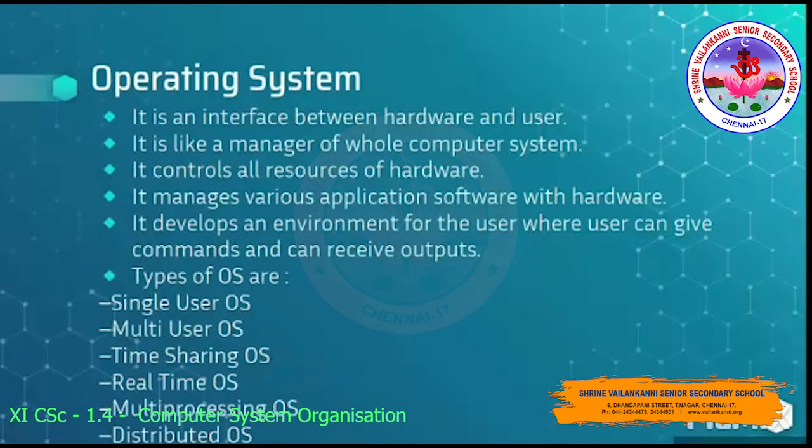So the system software can further be classified into two categories, the operating system and the language processor. Operating system. The primary goal of the operating system is thus to make the computer system convenient to use, and secondary goal is to use computer hardware in an efficient manner.